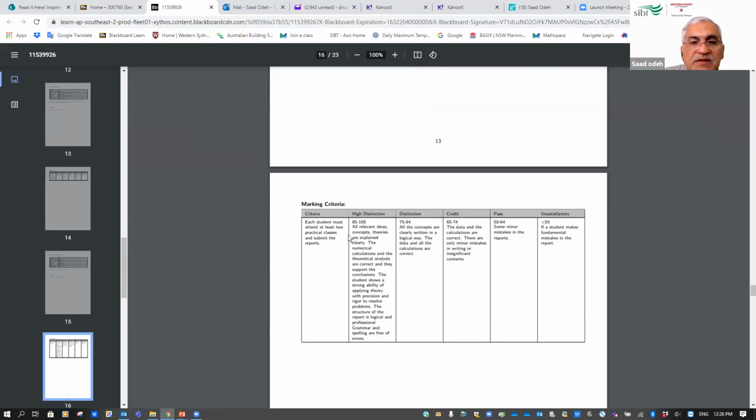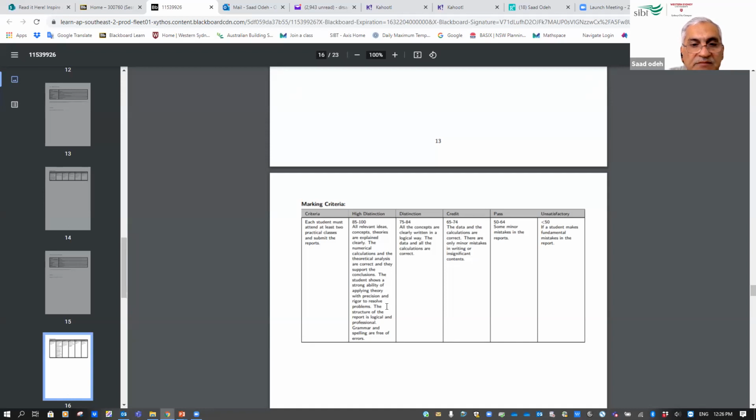For example, you put the concepts, the ideas, the theories, and explain them in the report, then do the numerical calculation and the theoretical analysis correctly. Then you need to show the results, the table of results or the data collected.